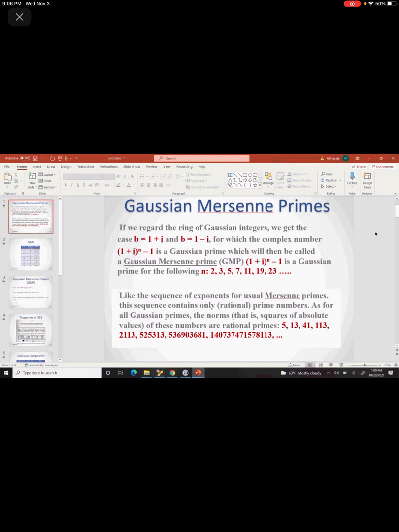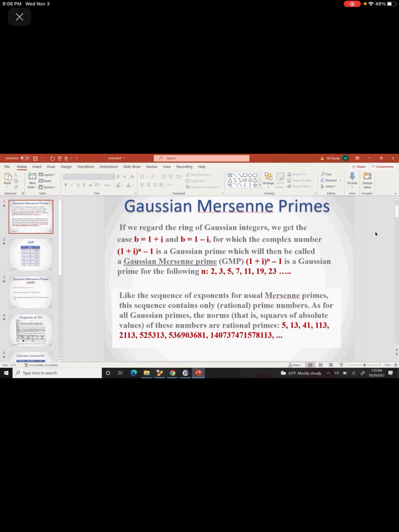We call it a Gaussian composite, because it's factorizable in the domain of Gaussian Mersenne primes. Okay? So when all of this is said and done, you're going to get rational numbers 5, 13, 41, 113, and so on, and they get very big very fast.